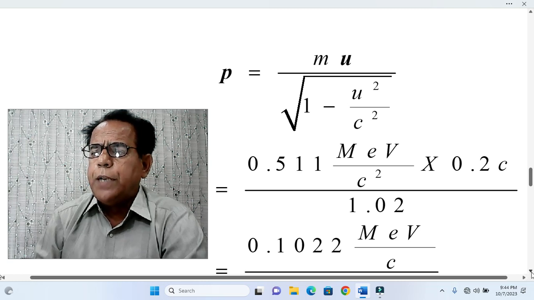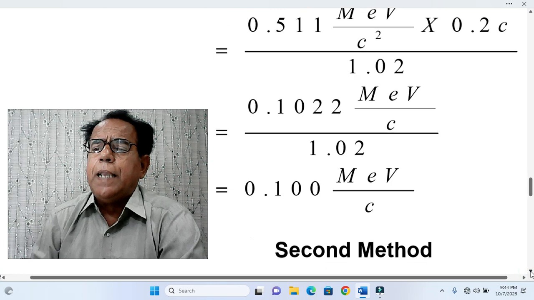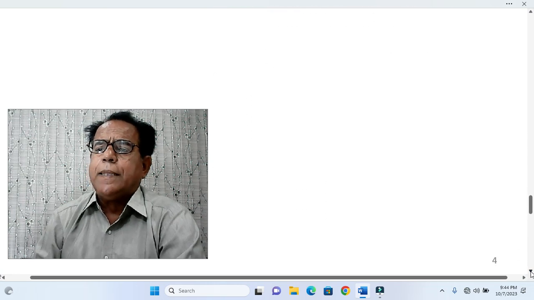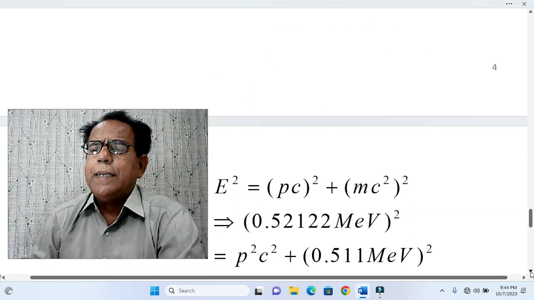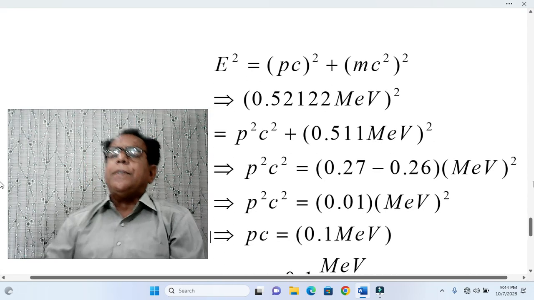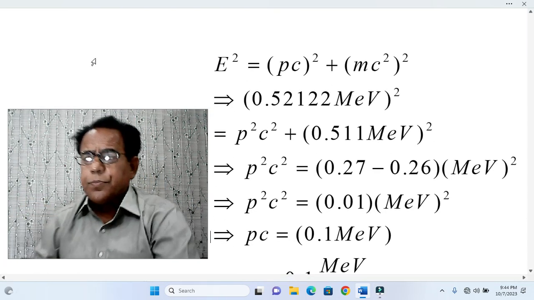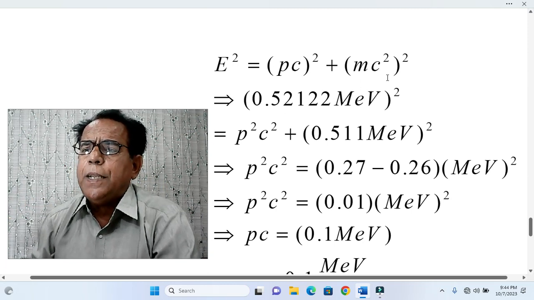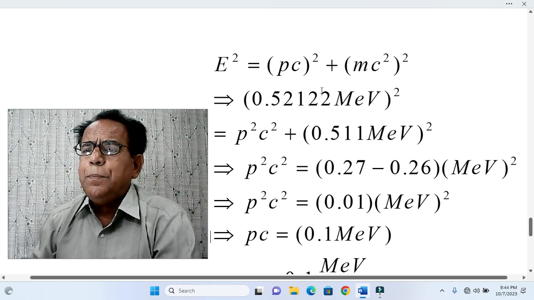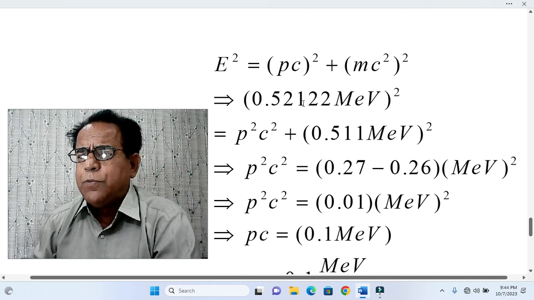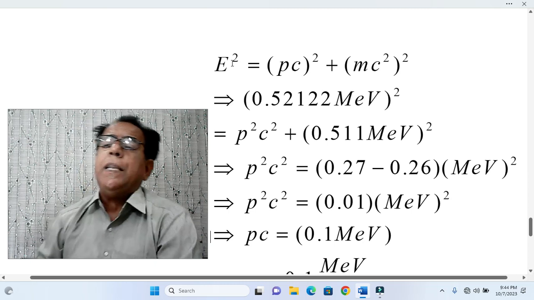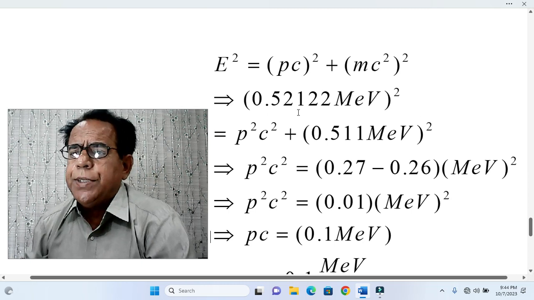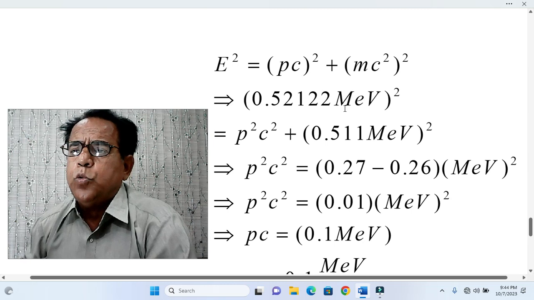We are going to find out the value of momentum P by an alternate method. Second method: E square equals PC square plus MC square whole square. Here in place of E we have used this value, 0.522122 million electron volt.